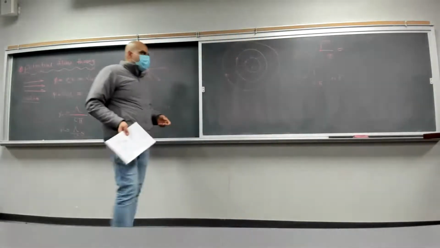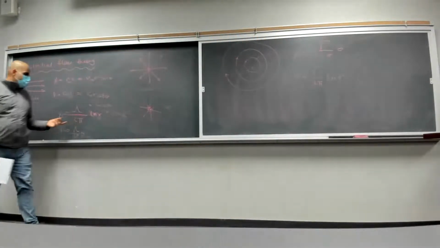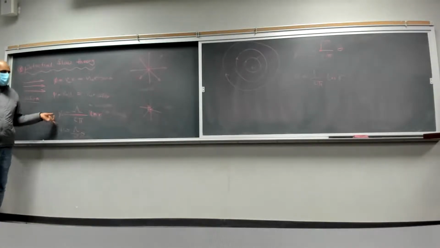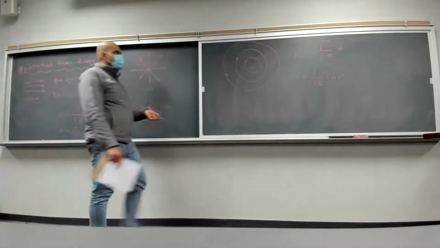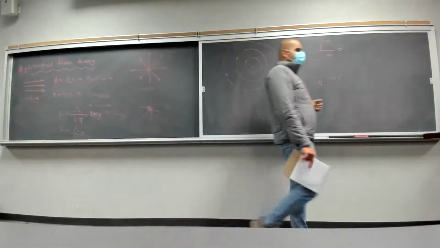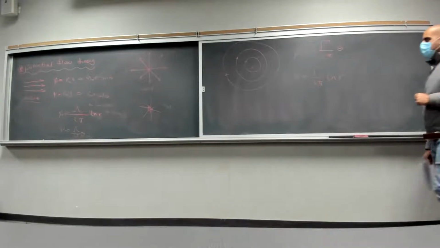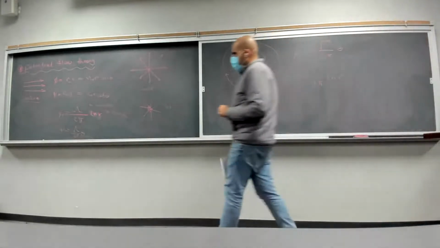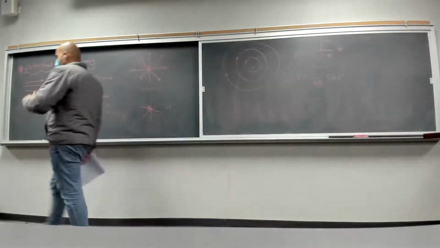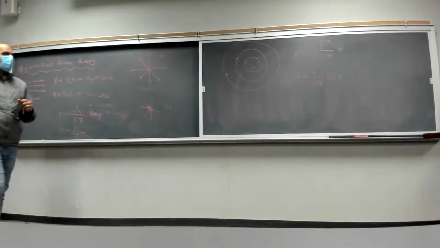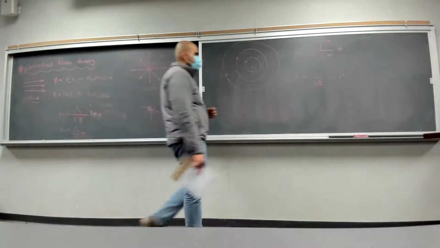So if you compare these two, you can see that they are essentially the other way around. The velocity potential of the sink or source flow is the stream function for the vortex flow, and the stream function for the source or sink flow is the velocity potential for your vortex flow.